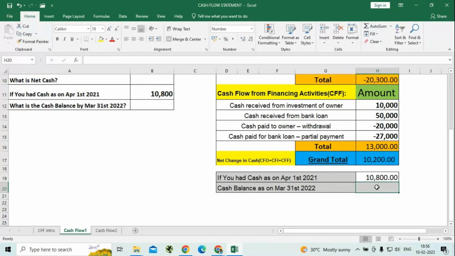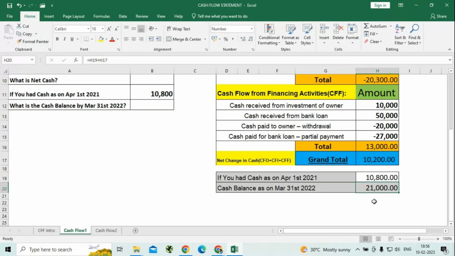So this will be equal to the opening balance plus that year's net change in cash flow. So whatever we have earned out of all those activities, you total up, and you are going to know how much cash balance you have with yourself.